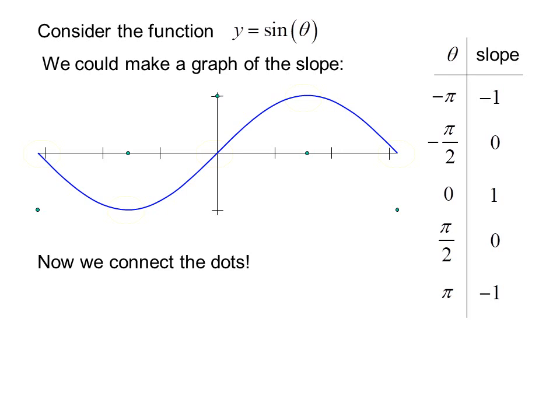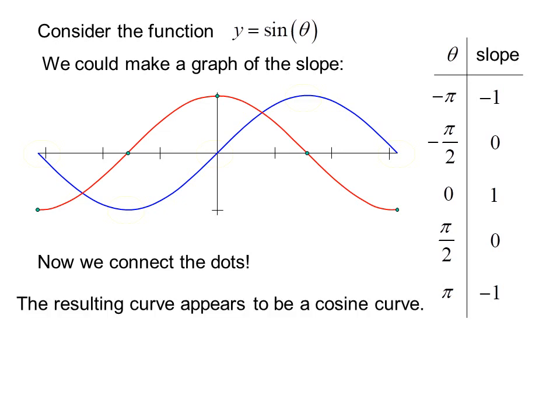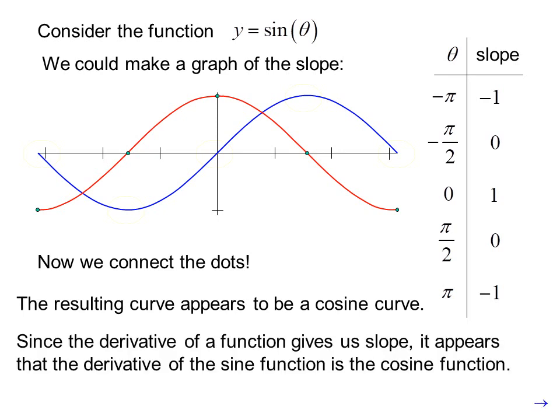Now we connect the dots. The resulting curve appears to be a cosine curve. Since the derivative of a function gives a slope, it appears that the derivative of the sine function is the cosine function.